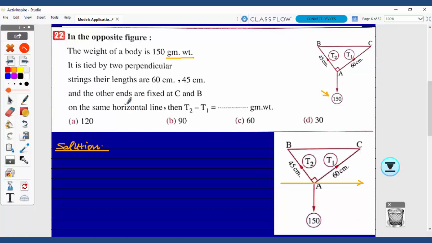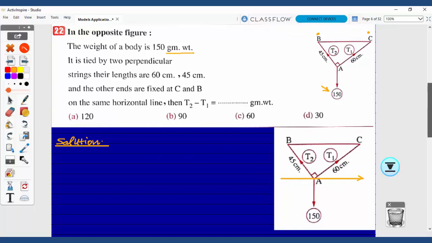And the other ends are fixed at 2 points C and B on the same line. Then T2 minus T1 equals 120, 90, 60, or 30.